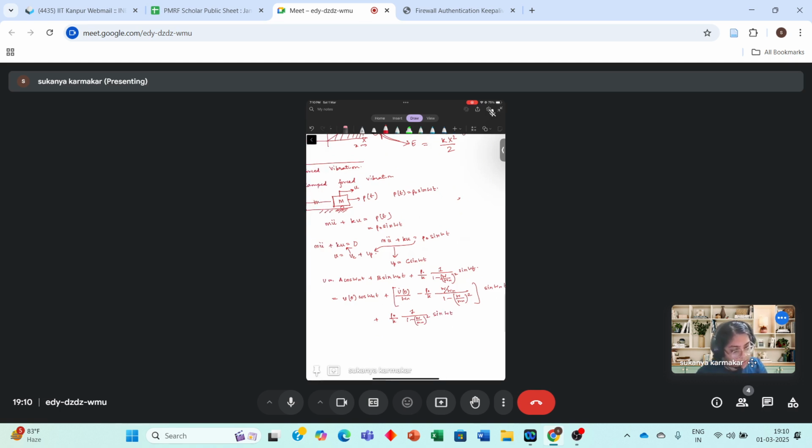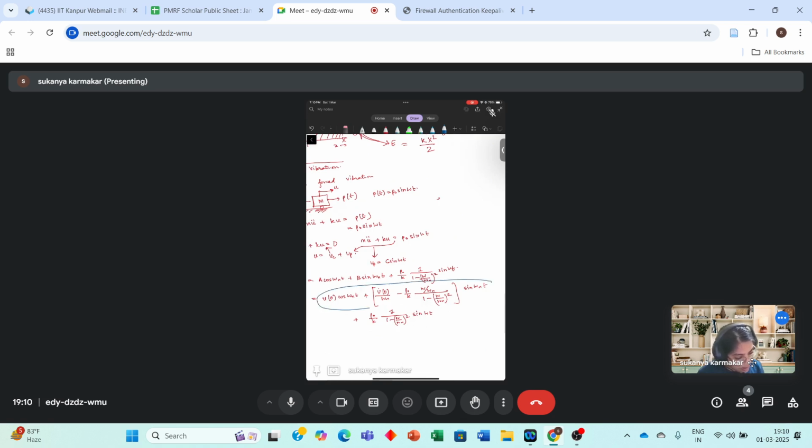So as you see, this part of the equation is known as the transient part and this part is known as the steady part.